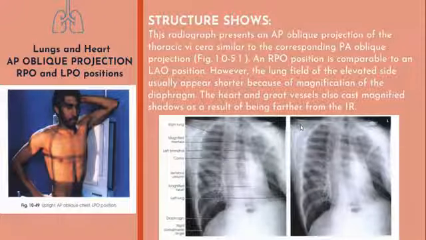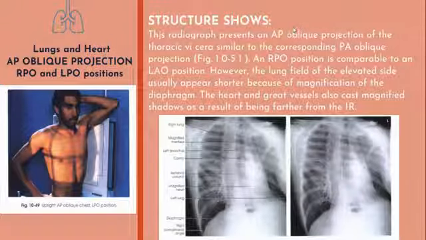So here is the example of upright AP oblique chest in LPO position. As you can see here, the structure shows the AP oblique chest LPO position in a radiographic image.